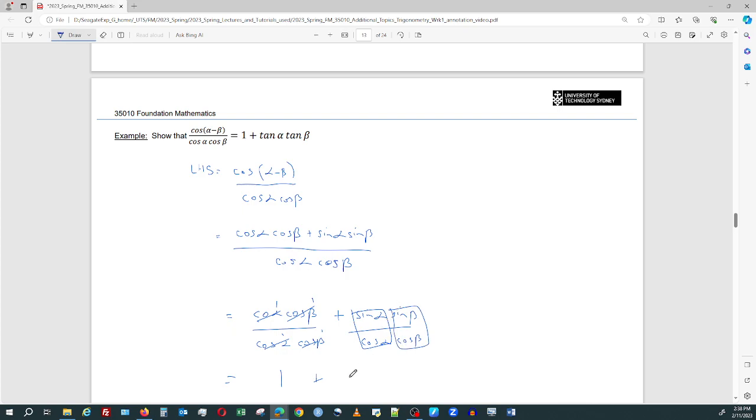That's right, tan. Tan alpha, tan beta. Which equals the right hand side. So very straightforward.